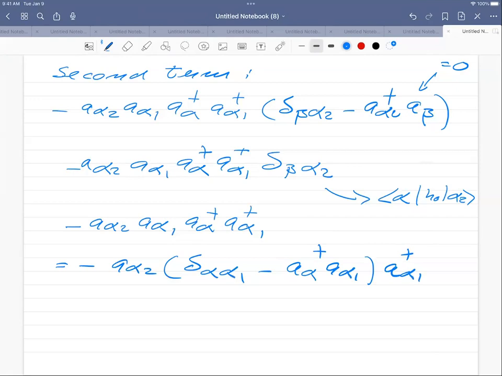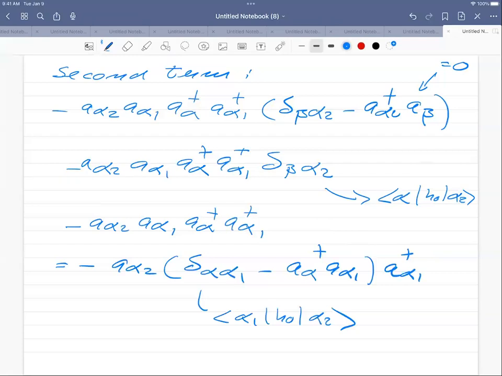So if you now look at what we have here, the first term, which has an alpha 1, does not need to be 0. This would pick a matrix element, the first term here, which looks like alpha 1, H0, alpha 2. So that integral doesn't need to be 0.